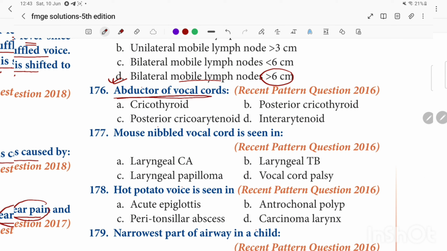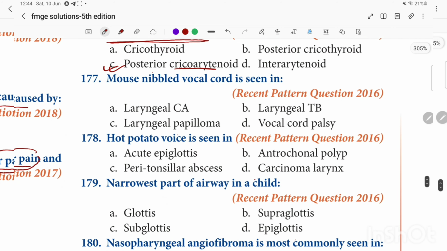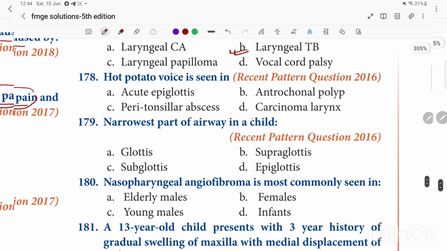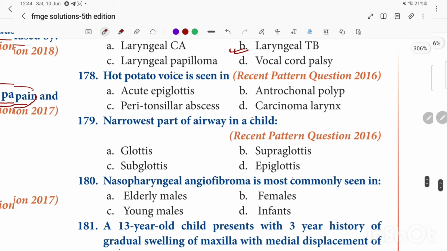The abductor muscle of the vocal cord is the posterior cricoarytenoid. Mouse-nibbled vocal cord is seen in laryngeal TB. Hot potato voice is seen in peritonsillar abscess.